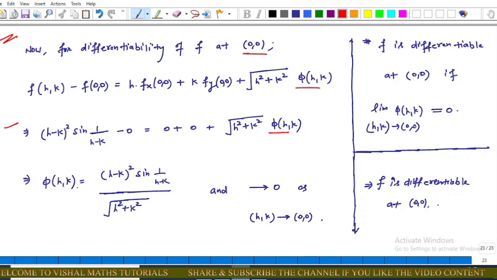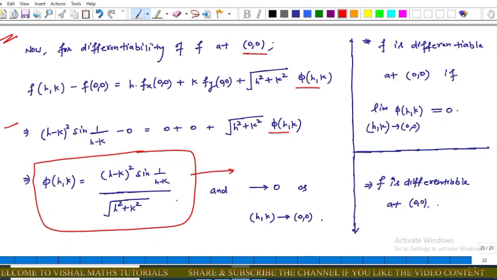This implies (h − k)² sin(1/(h − k)) = √(h² + k²) φ. So φ = (h − k)² sin(1/(h − k)) / √(h² + k²). Notice this value of φ. We know f is differentiable at (0, 0) if the limiting value of φ at (0, 0) tends to 0. From this we notice that this limit tends to 0 as (h, k) tends to (0, 0). That is, our function is differentiable at (0, 0).